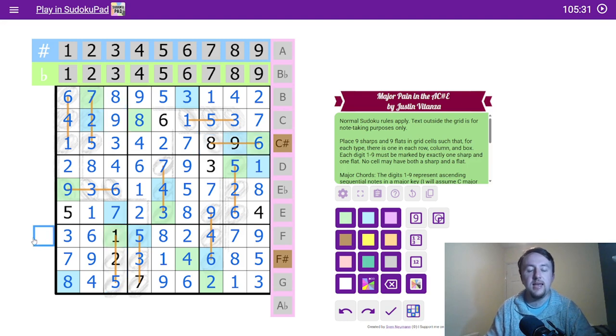But after that, there was a lot of global logic, having to keep track of all of the different chords, realizing that we could only have one out of C sharp and E, and that we couldn't have F sharp at all. That was an important deduction, and I think that's what really sent me in the right direction and made me really start thinking about the right kinds of things, like the six.